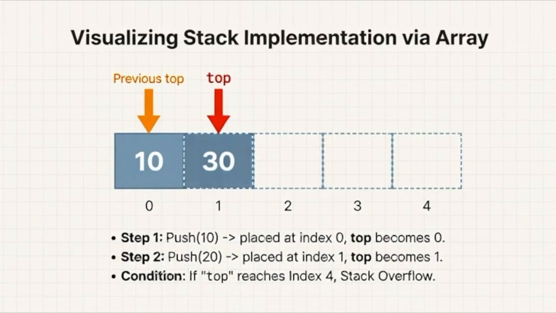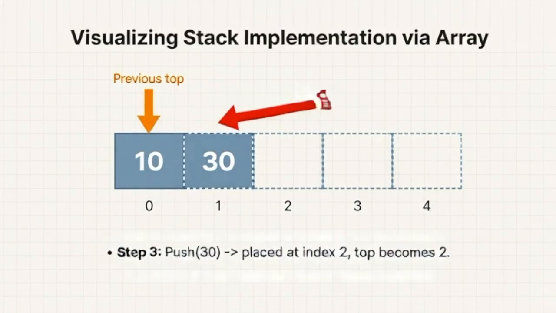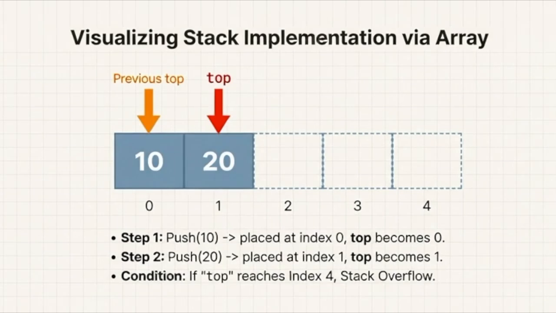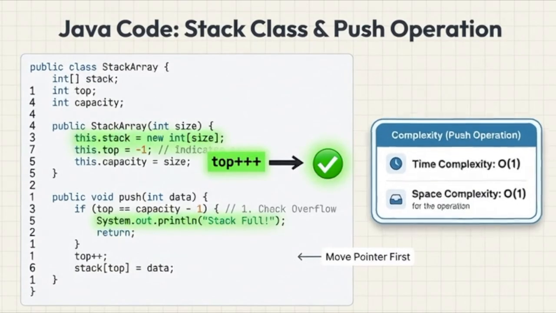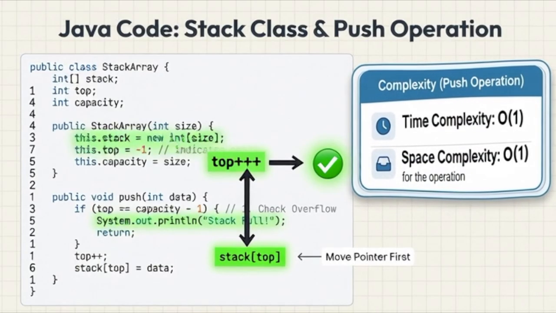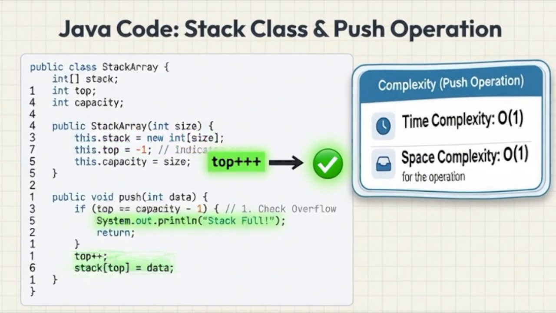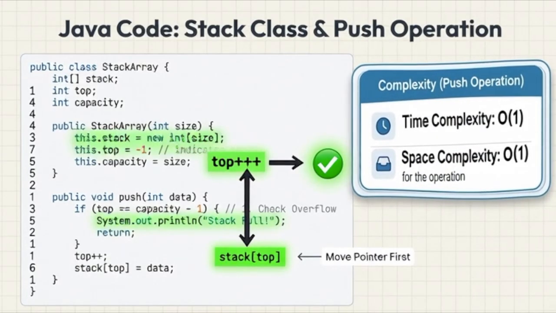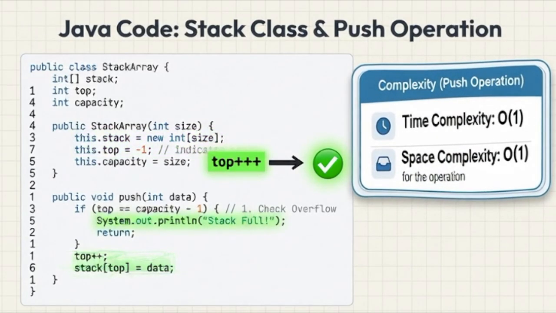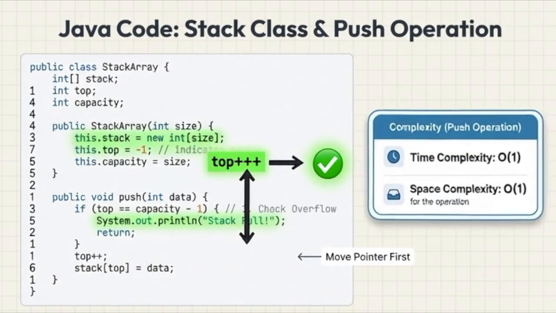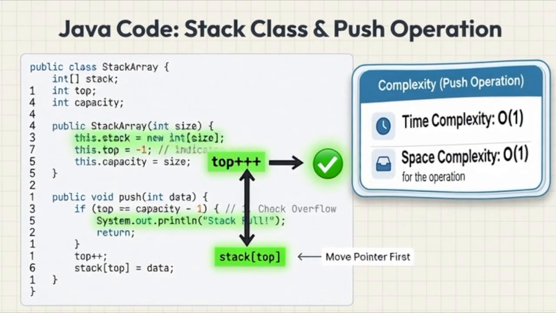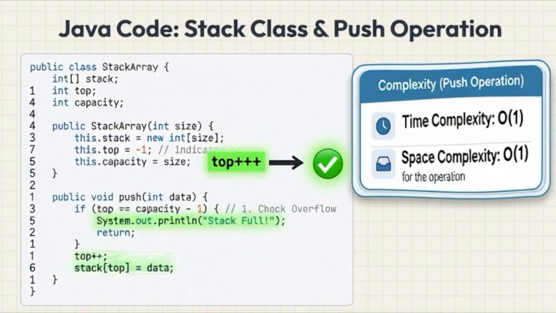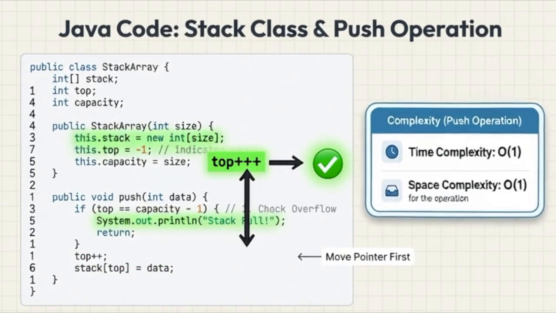This is a common interview question. Implement a stack using an array. We initialize a stack array and a variable top. Top starts at -1, indicating the stack is empty. For the push logic, first the safety check. If top equals capacity - 1, the stack is full, and we print stack full to avoid a crash.